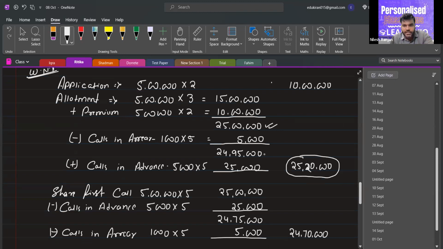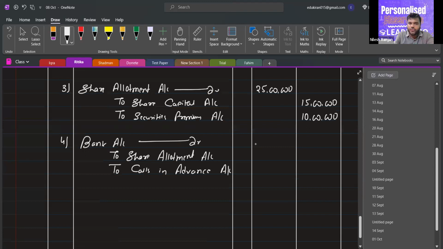And in that, 24,95,000 is our allotment money and 25,000 is calls in advance. So we have received 25,20,000; in this, 24,95,000 is allotment because 5,000 we have not received.